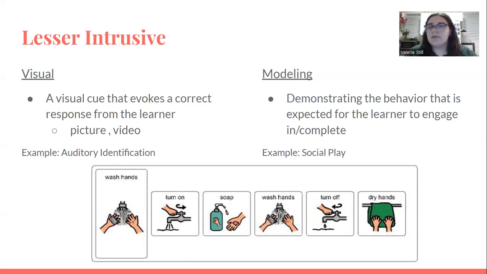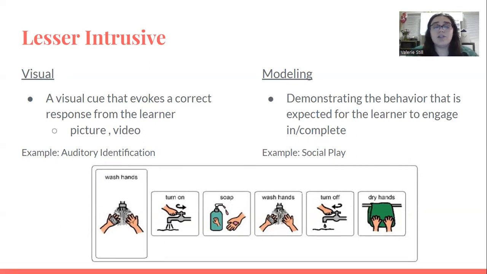Modeling is demonstrating the behavior that is expected for the learner to engage in. So if you tell the learner, do this, and you would expect them to touch their head, if they do not, you could help model it by repeating that action. Modeling is very beneficial in social play.